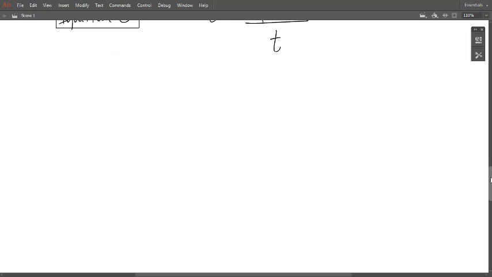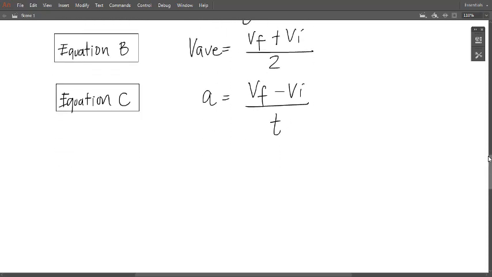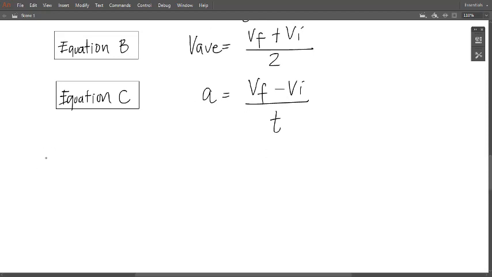Let me just move this next, where V means velocity.